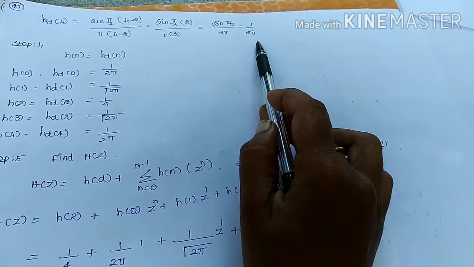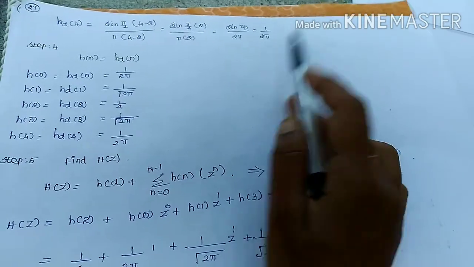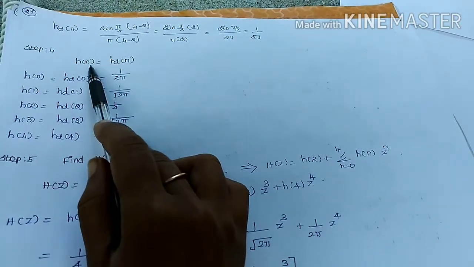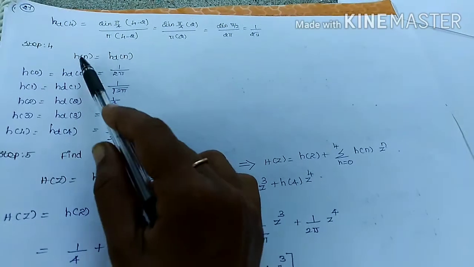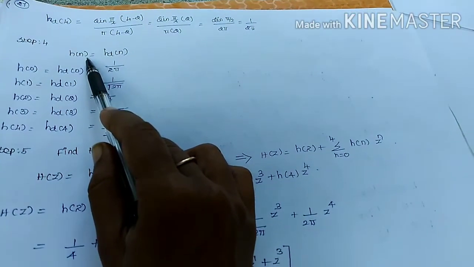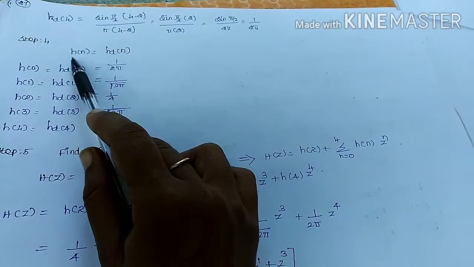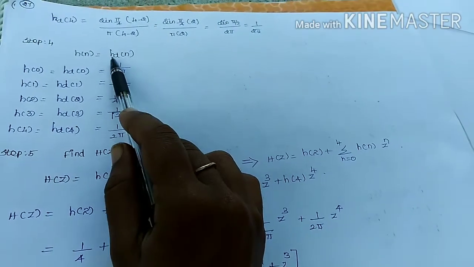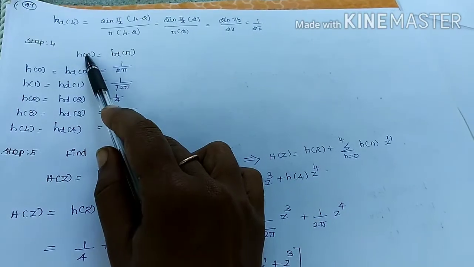So step number 3 is to calculate hd of n for various n values. Then step number 4, to find h of n. Okay, in the previous step we calculated hd of n. In this step we have to calculate h of n. So one more condition for low pass filter here: hd of n is by default equal to h of n. So h of n is equal to hd of n. Already we found the hd values, so these values are equal to h of n.